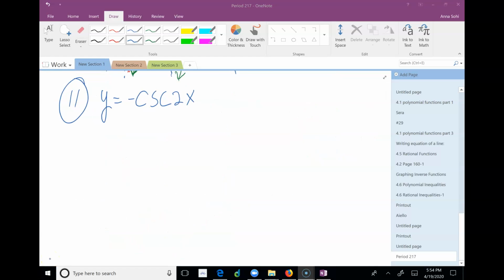So just to remember and have in mind that this is the same thing as -1 over sine 2x. Exactly the way that we started to graph cosecant, we can always start with graphing sine.